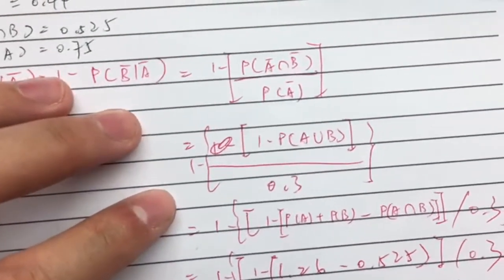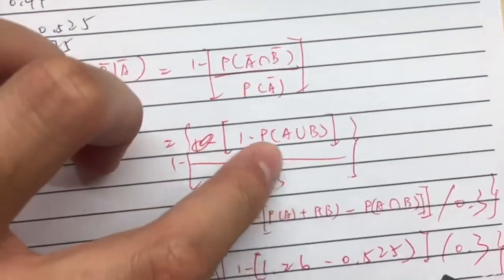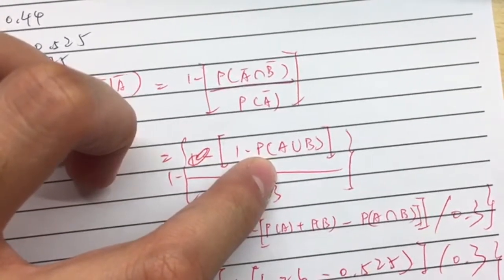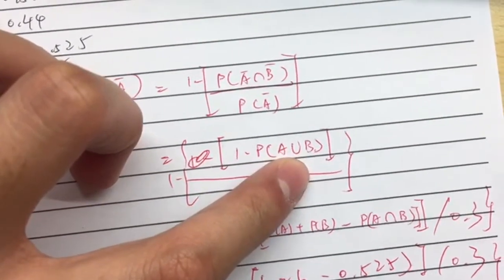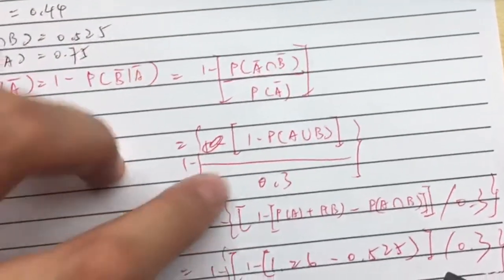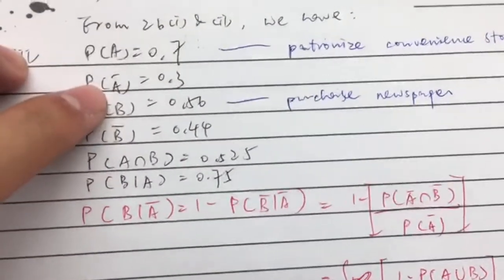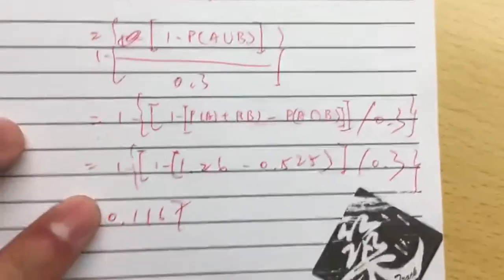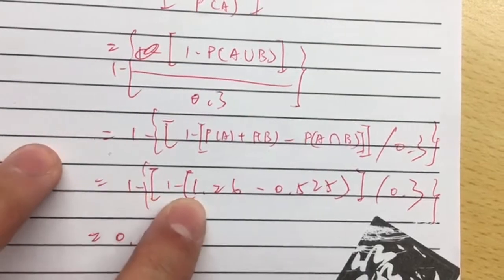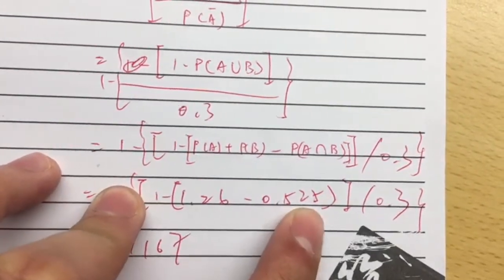To continue, the upper part can be converted into 1 minus probability of A or B, and then divided by 0.3. 0.3 means probability of A bar here, and we can finally get this: 1 minus 1.26 minus 0.525.